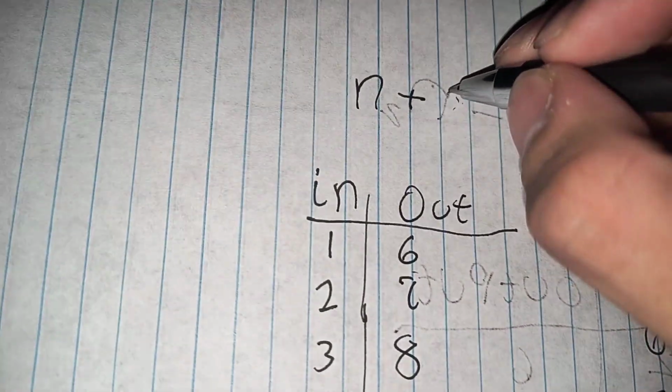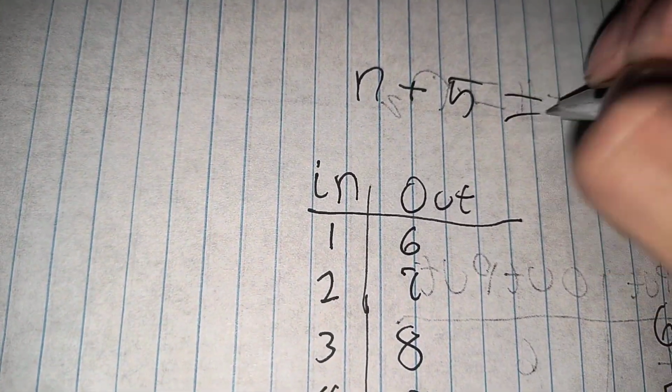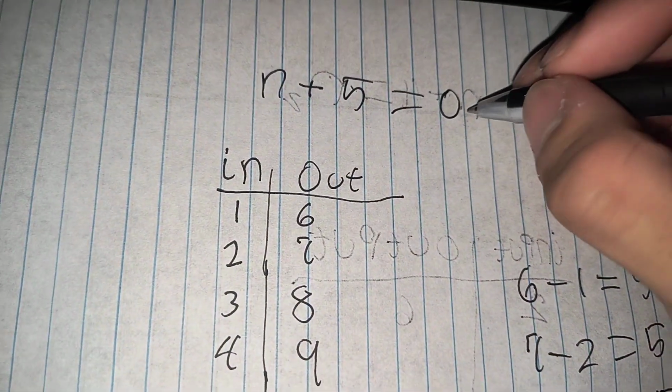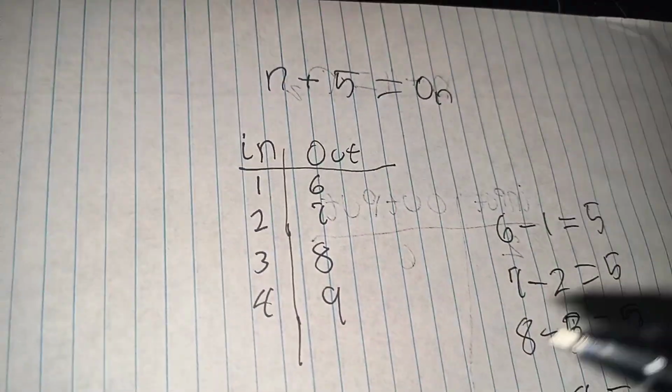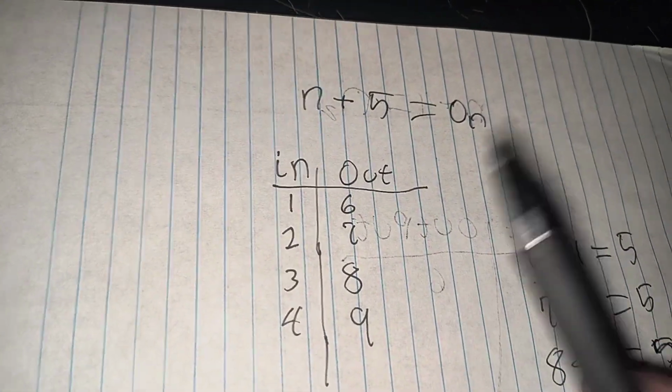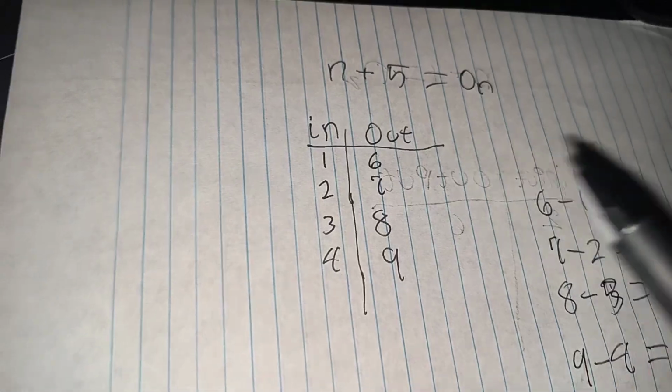So it seems that we put in our input number and then we add 5 to get our output number. So this would be the rule: you add 5 to the input number to get the output number.